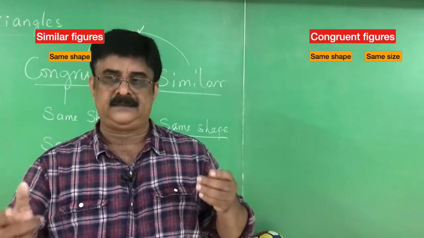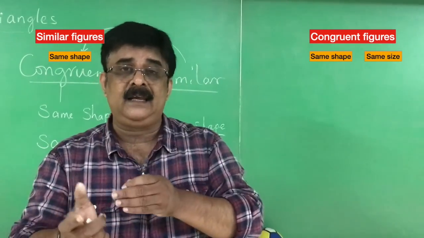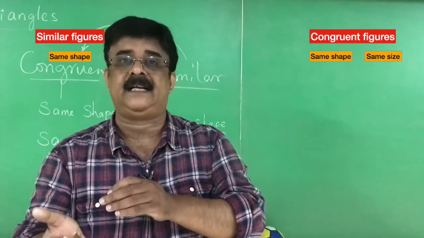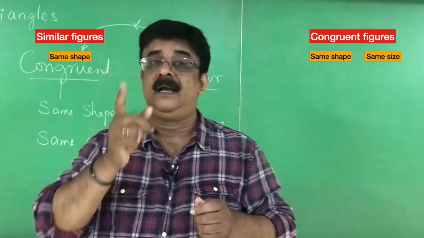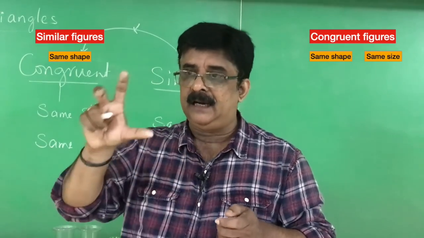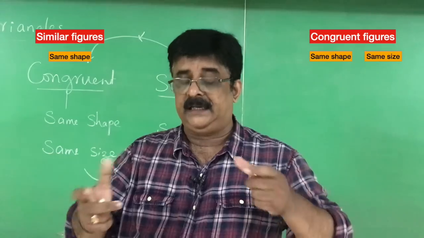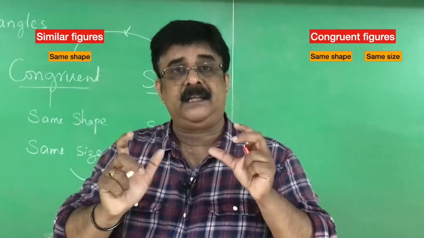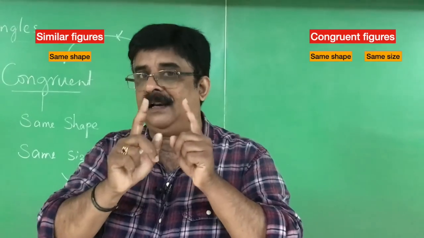You have learned about computer aided designing and computer aided manufacturing, CAD and CAM. CAD means computer aided designing. In the computer they make designs of cars, industries, machines, everything. All these figures and designs are similar.